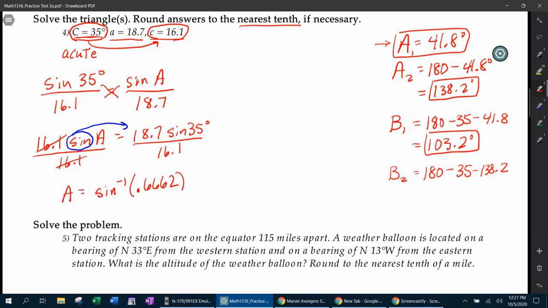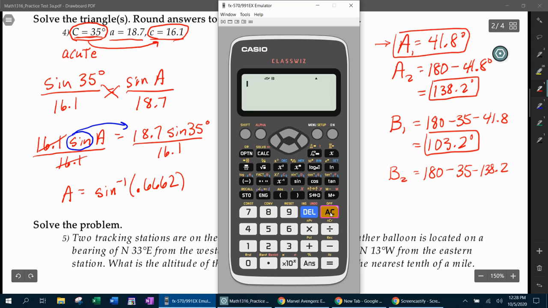But if this works out to be a positive number, then there are going to be two sets of answers. So let's see here. 180 minus 35 minus 138.2. Oh, and it's positive, so there are going to be two sets of answers. The second angle B is going to be 6.8.